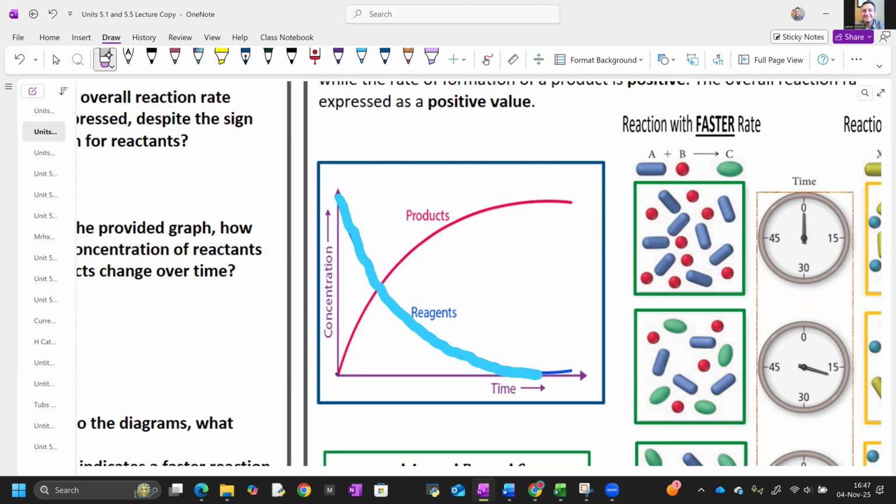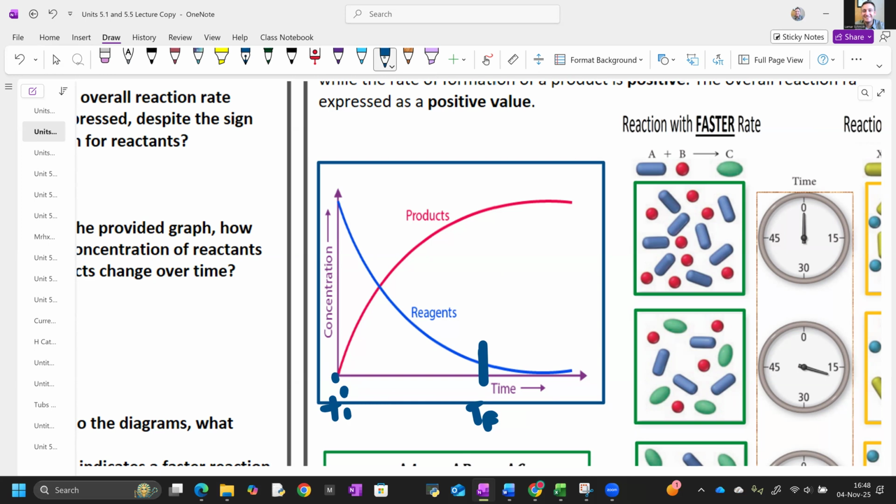And so we're going to see a negative value, because when we look at change, let's say we wanted to find, there's this point here, we would call this TF, and we might start at initial, this would be TI. Well, we can see that the final concentration is much lower than the initial concentration.